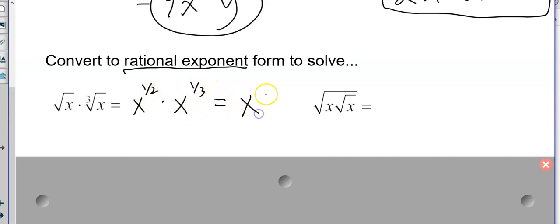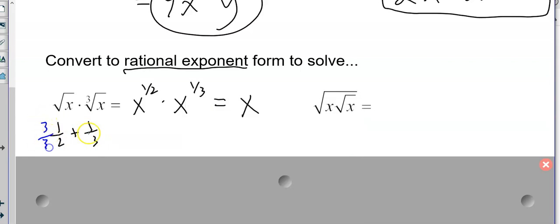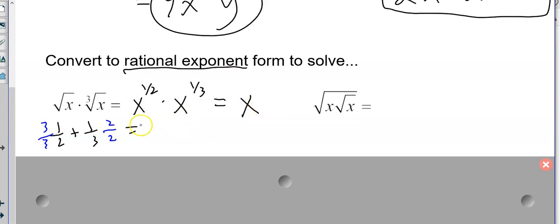So now I have to do x to the whatever 1/2 plus 1/3 is. Let's just kind of do a little conversion there. If I multiply this one by 3/3, multiply this one by 2/2, I get 3/6 plus 2/6, a total of 5/6.